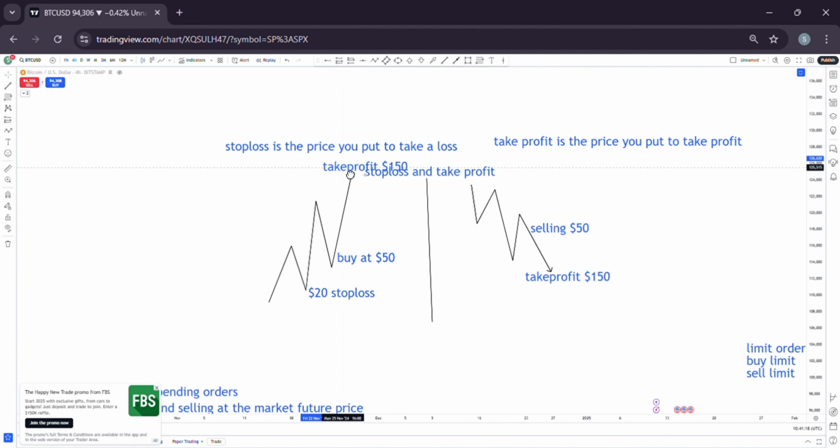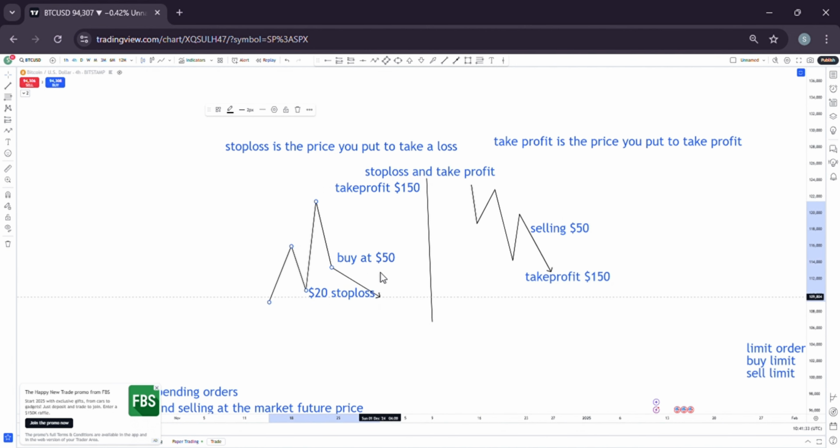Our take profit could be $150. For example, we are buying at $50. Our stop loss is at $20, meaning that if this market does not go to $150, we want to take a loss when it gets down to $20.